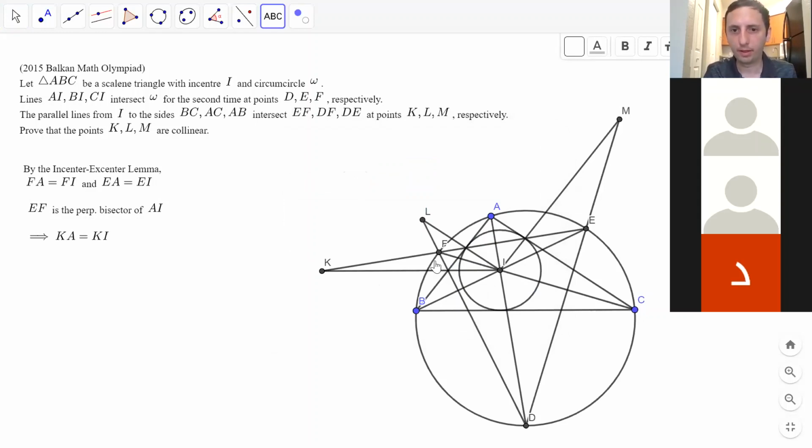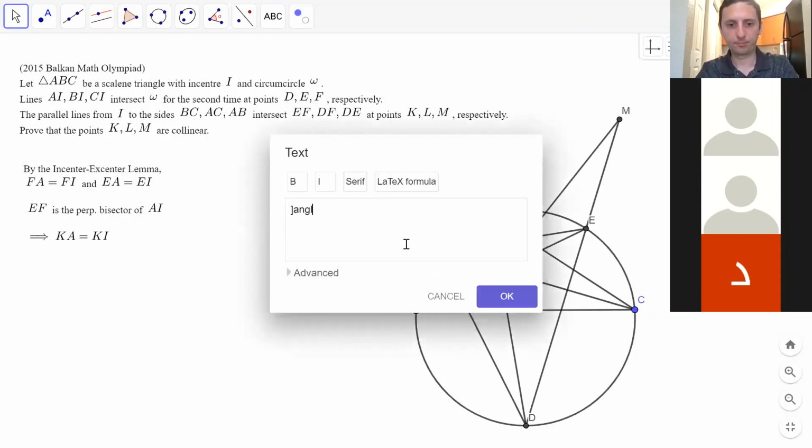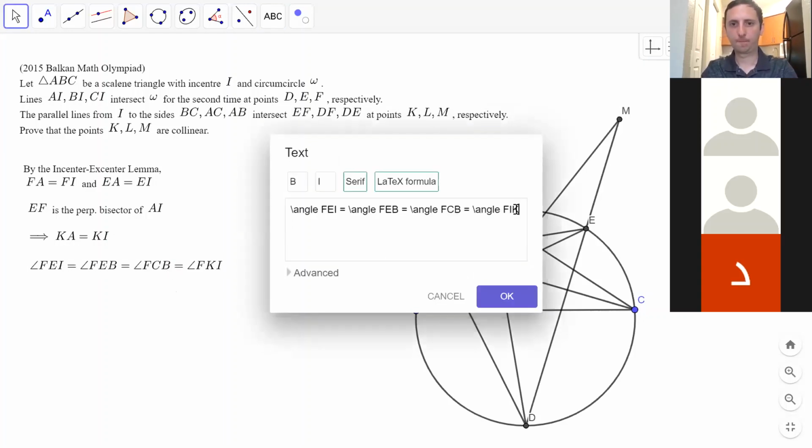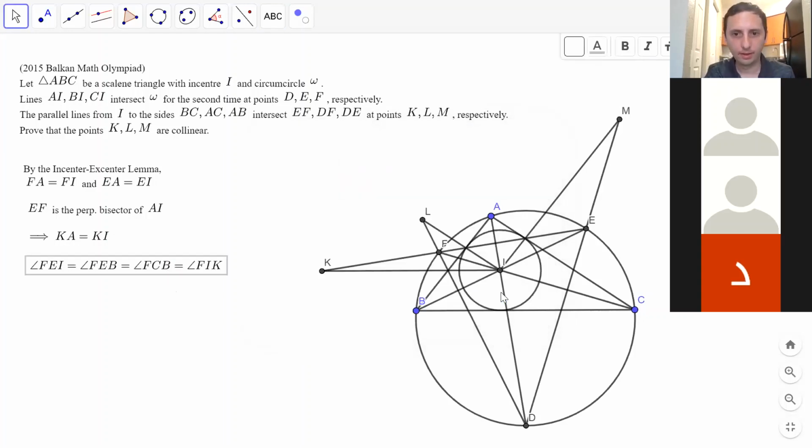So angle FEI is equal to angle FIK. And so that means triangle KFI is similar to triangle KIE.